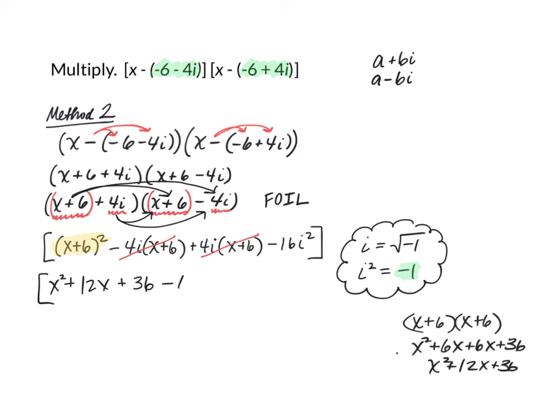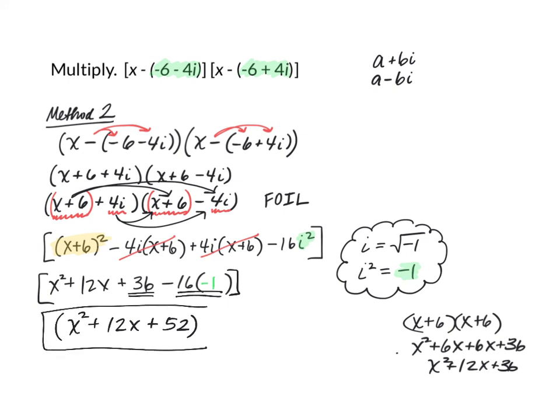And then we'll have negative 16 times i squared, but we're going to replace i squared with negative 1. So negative 16 times negative 1 turns that into a positive 16. Then when we combine like terms, we'll end up with x squared plus 12x plus 52, because we'll have a positive 36 plus 16. So you see you get the same answer.